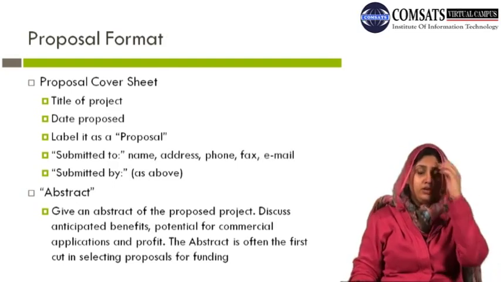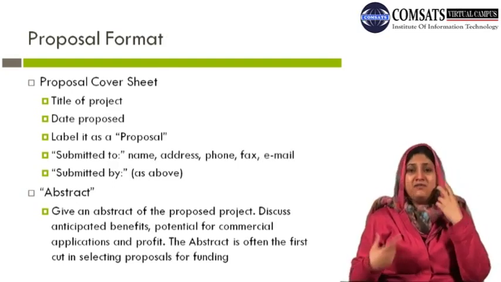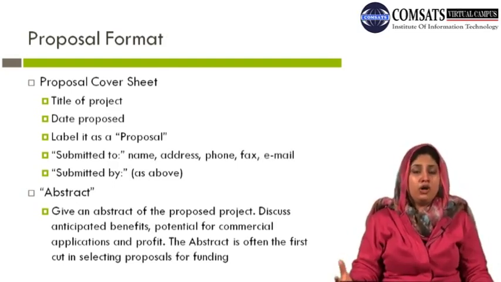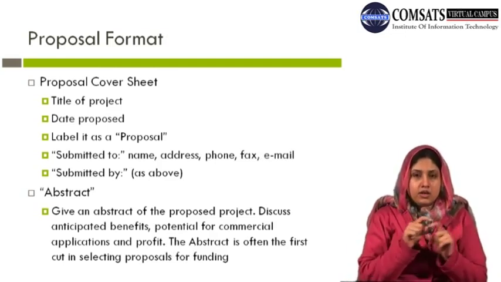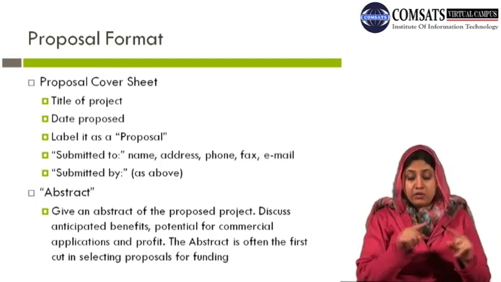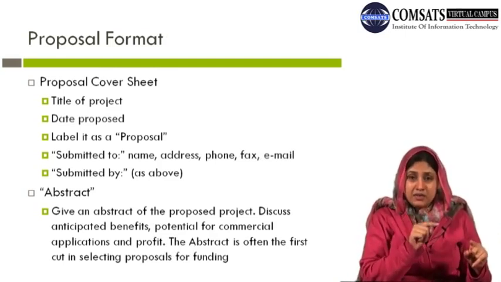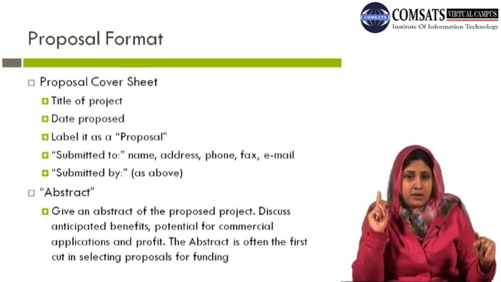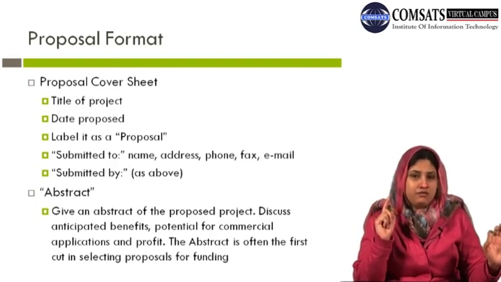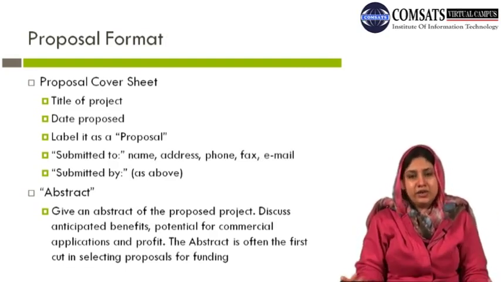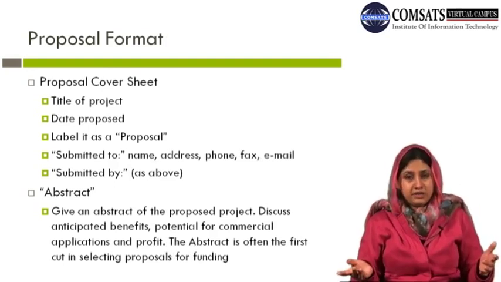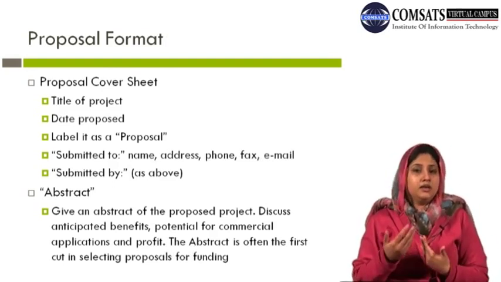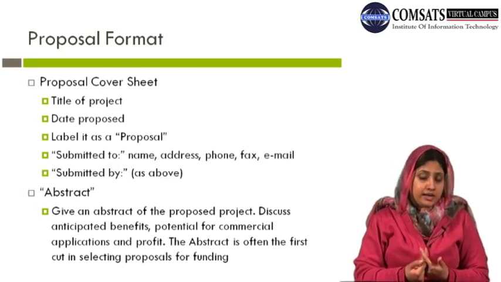So I'll look up each proposal and I have some criteria in my head. I know what I am going to read, and I definitely would have made it very clear when I sent the call for proposal. So I'll quickly skim through all the abstracts, and I will find, okay, this is what it gives, and it matches with what I expect. So I may pick 10 out of 50 for detailed reading of the abstract. And again, I look at the abstract, and then I may look at the contents and see if the proposal is providing what I demand.